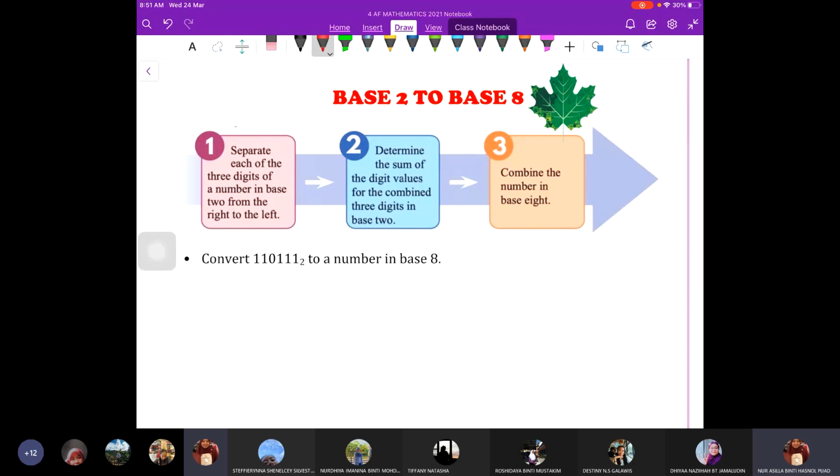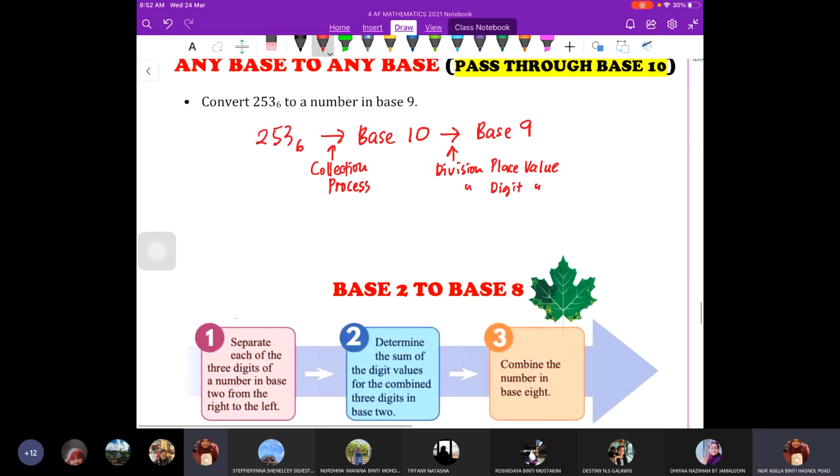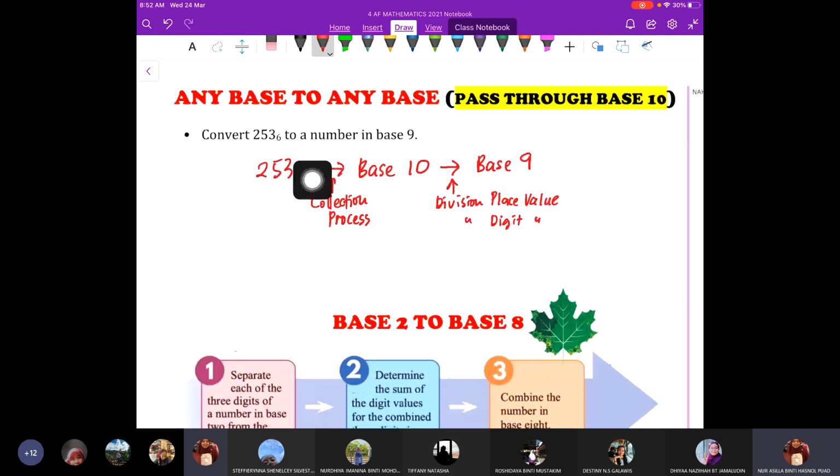Okay, cuma cara dia itu kamu kena hafal. Okay, here there's a further method for it. I'm gonna teach you, tapi if dalam exam you tak boleh ingat, you can just use this strategy. Strategi tukar kepada base 10 dahulu.